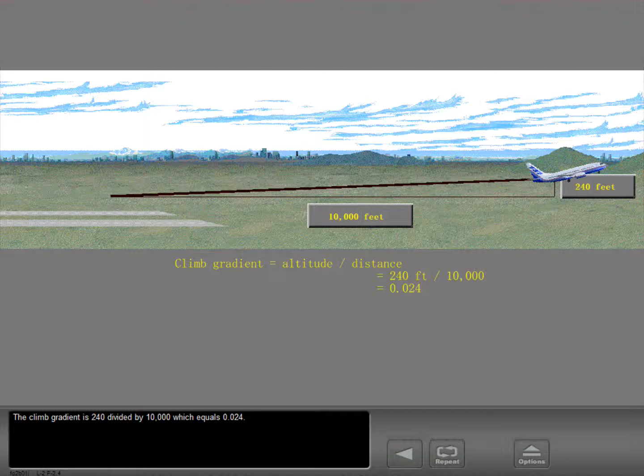The climb gradient is 240 divided by 10,000, which equals 0.024. Gradient is normally expressed as a percent. To get percent, multiply the ratio by 100.